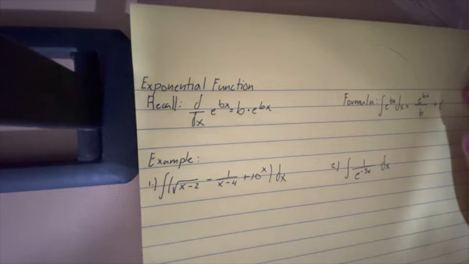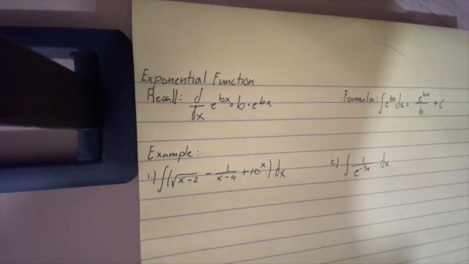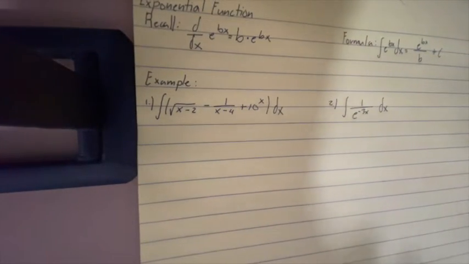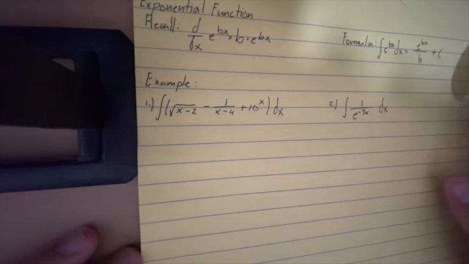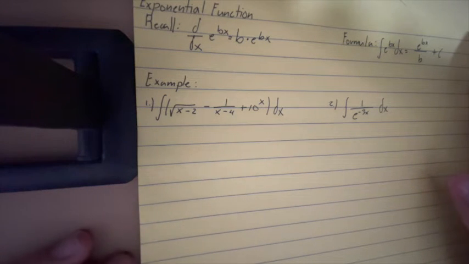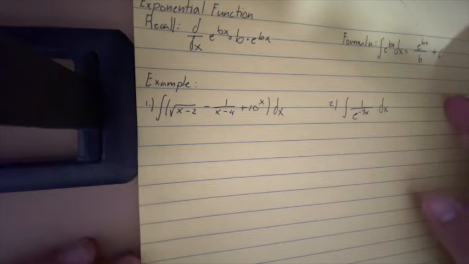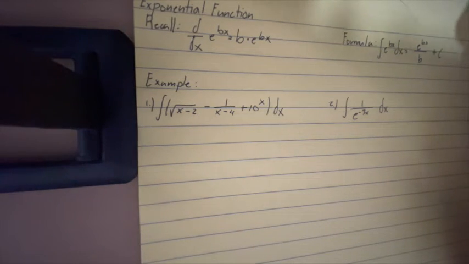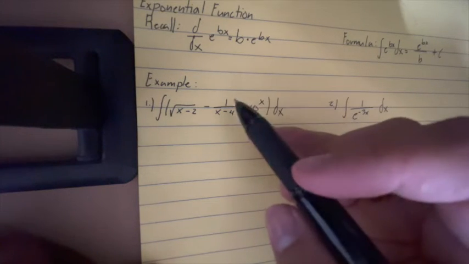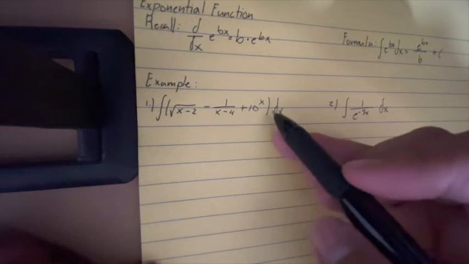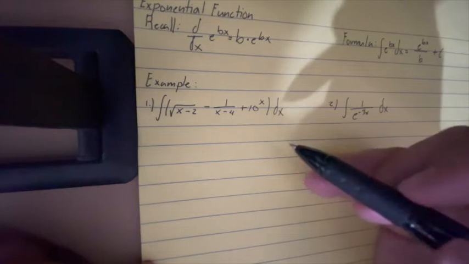Let's have an example. For number 1, we're going to solve the integral of the square root of x minus 2 minus 1 over x plus 4 plus 10 raised to x dx.